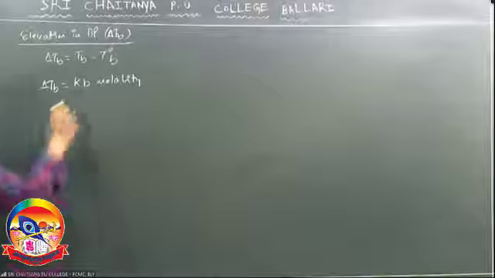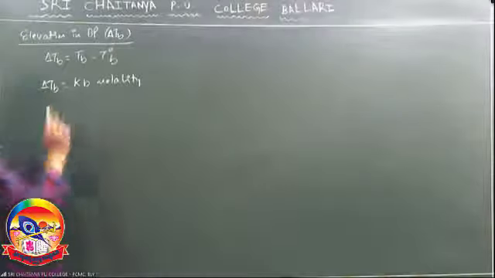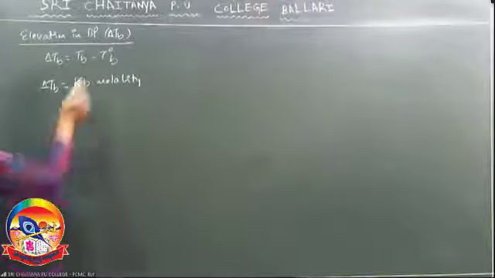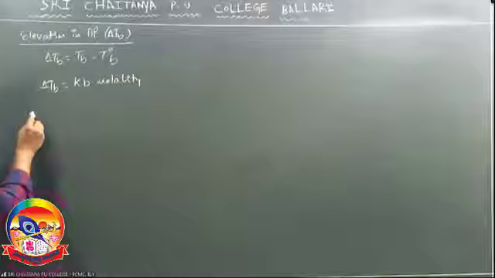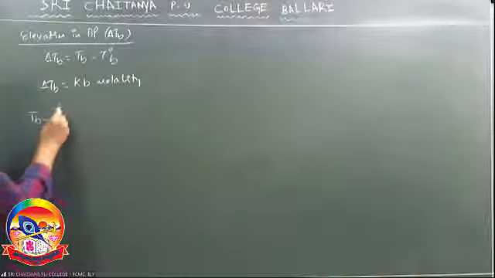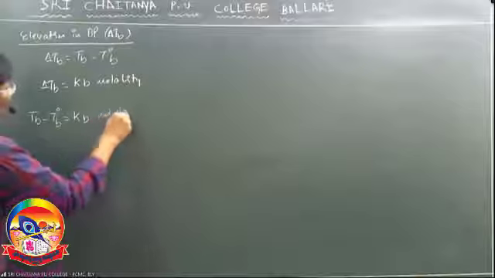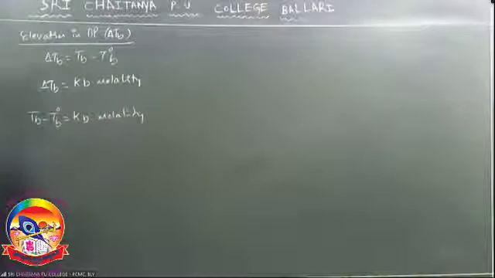Next, for KB, and also delta TB means TB minus T naught B, which is equal to KB into molality. Molality is the concentration of the solution. KB is constant, T naught B is also constant, and TB is the boiling point of the solution.